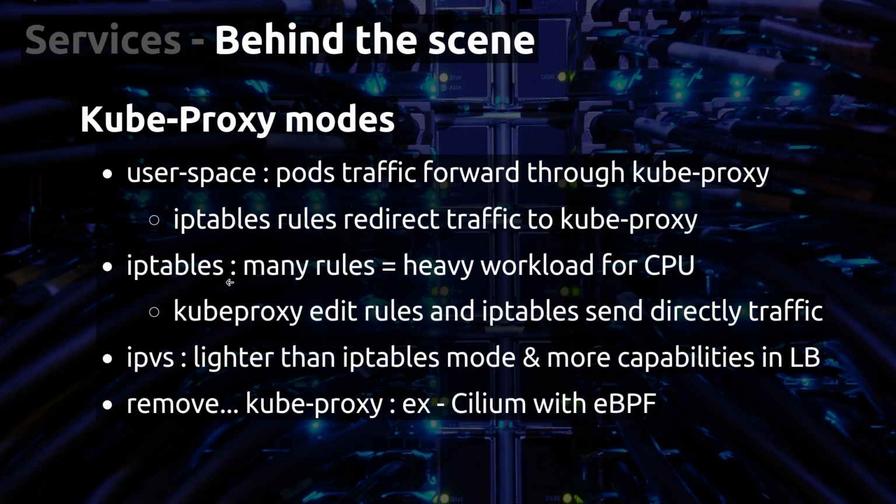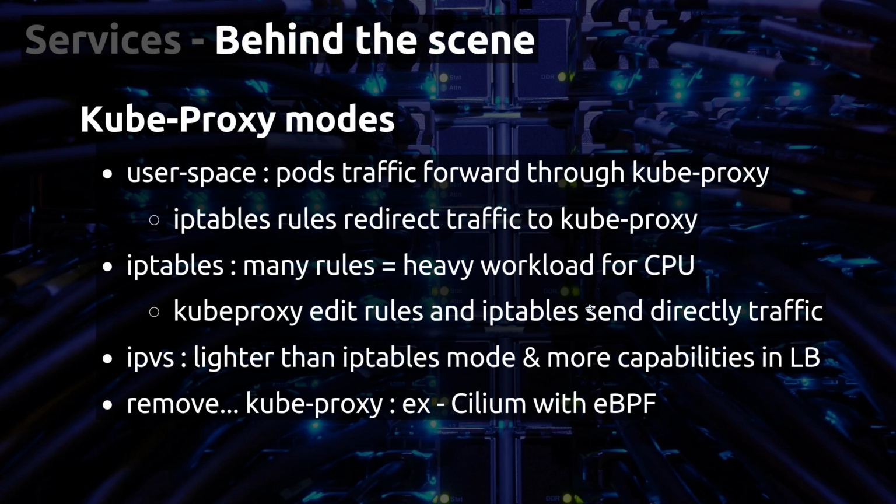Now, usually we use iptables, so this is our case with our little cluster, and yes, there is a drawback to using iptables with kube-proxy. This is what we name iptables mode for kube-proxy. Why is this not really good? Because when you have many services and many pods inside your Kubernetes cluster, you have many rules, of course.